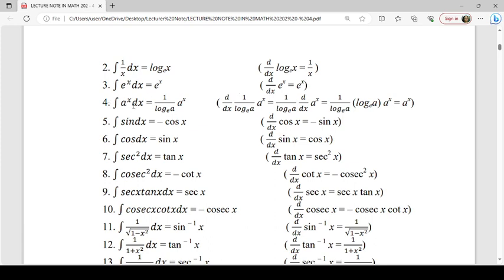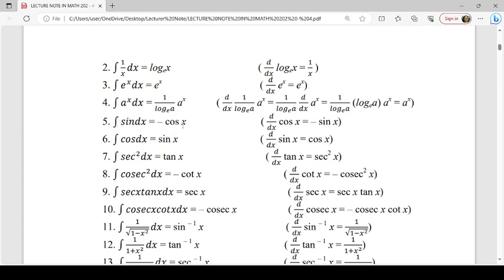Integration of a to the power x, see the difference: e and a are not the same. a is a real number and e is the fixed irrational number e. The integral of a to the power x dx is 1 by log of a to the base e, times a to the power x, because if we take the derivative of this function, we get a to the power x.